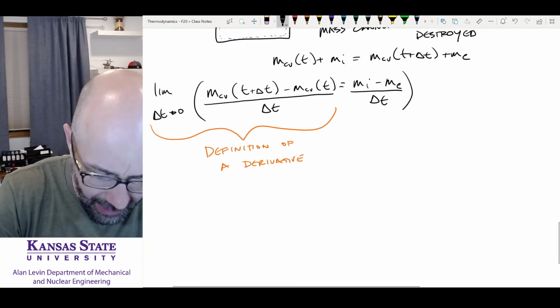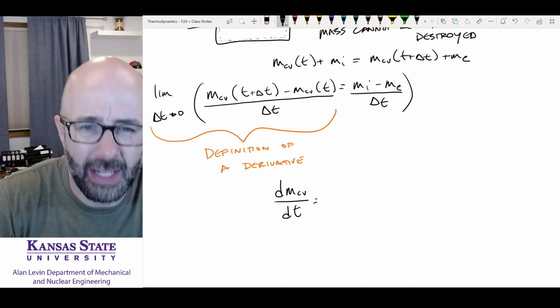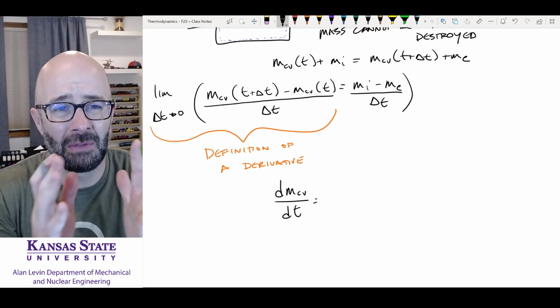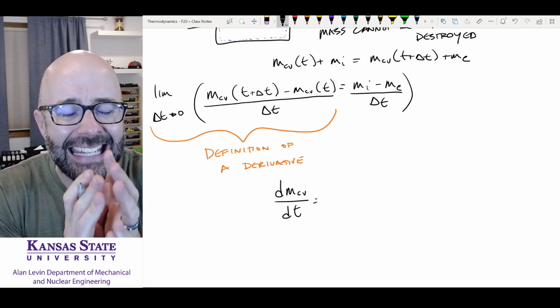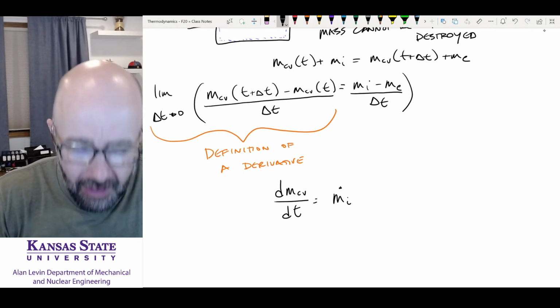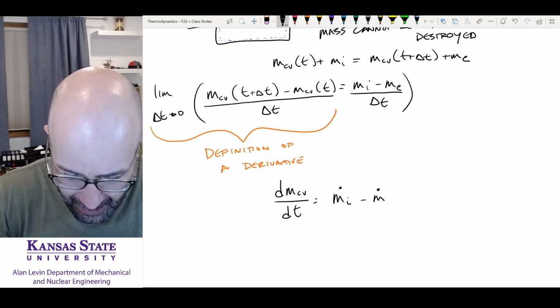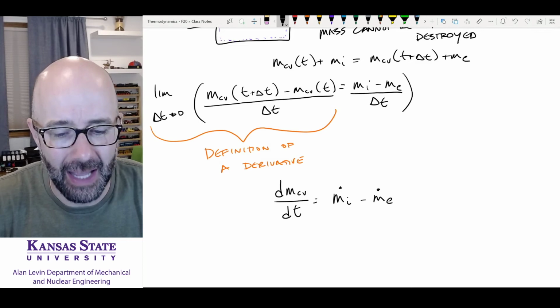So we can write this as the change in mass of the control volume with respect to time is equal to, well, what happens when I take mass divided by time and take the limit to 0? Remember what I did with work and heat? I said this is m dot in, the mass flow rate in, minus the mass flow rate exiting. So m dot in minus m dot out.